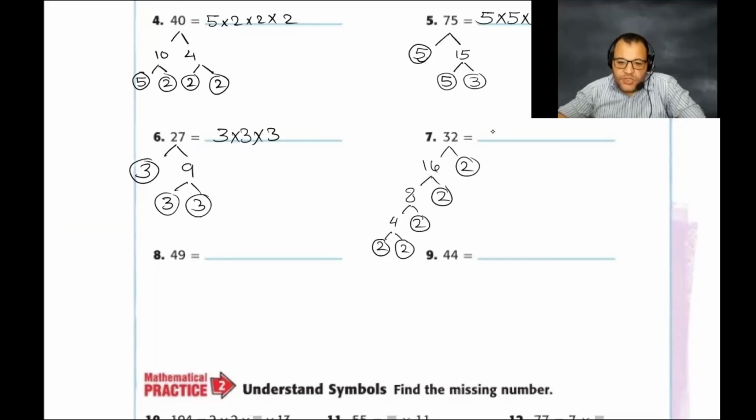It means 32 equals... What are the factors? You didn't continue. So I will write all of the numbers inside the circle, which is 2 times 2 times... 2 is repeated 5 times. I will write it 5 times.